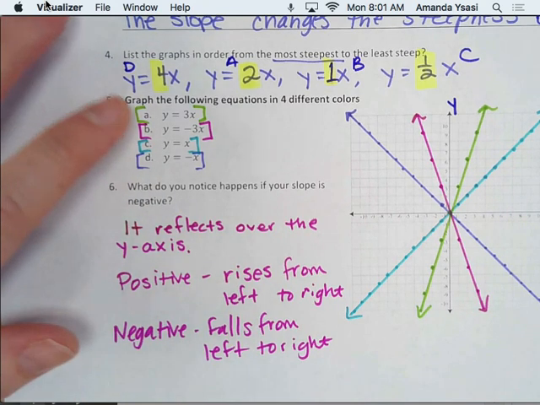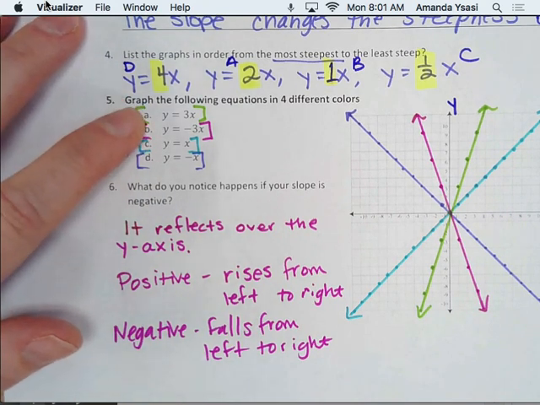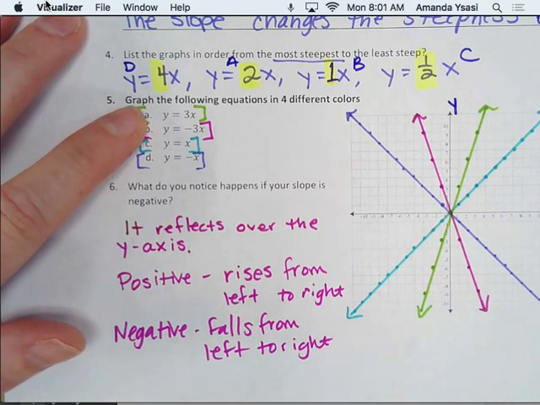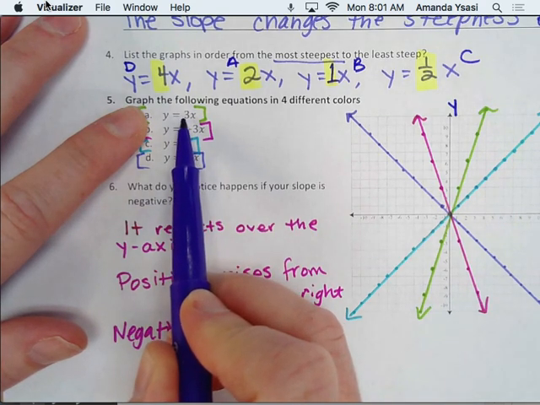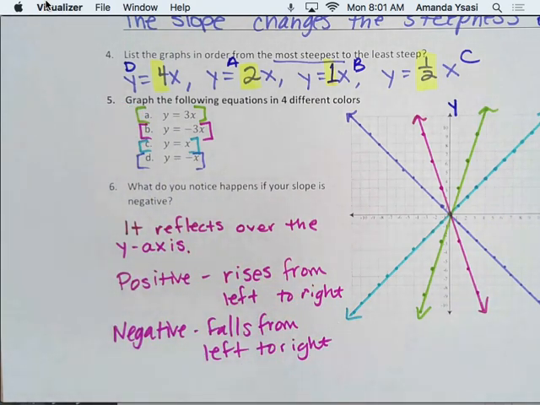So the negative does not change steepness. The number of your slope, whatever that rational number is, that is what changes steepness. The negative only changes how it looks as far as rise or fall.